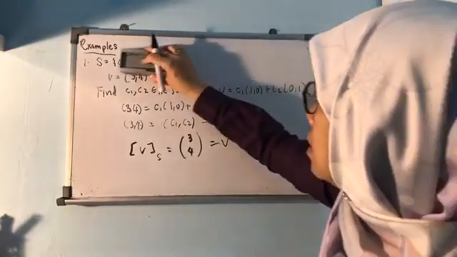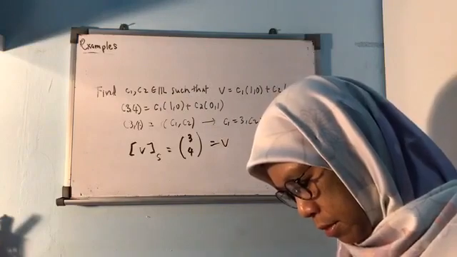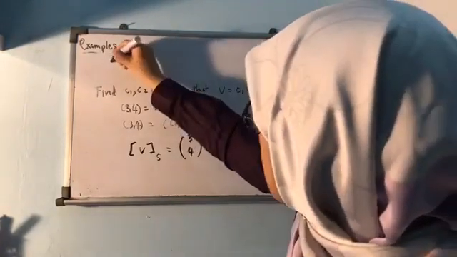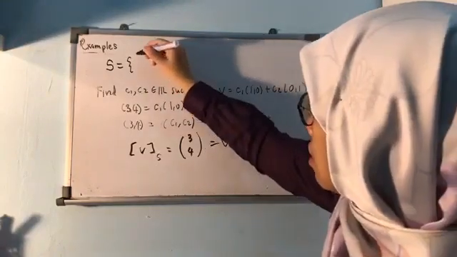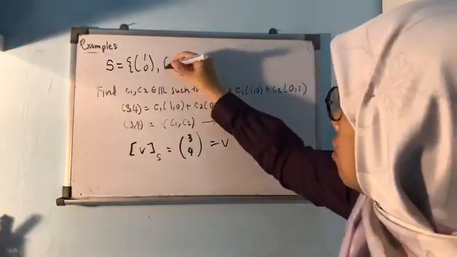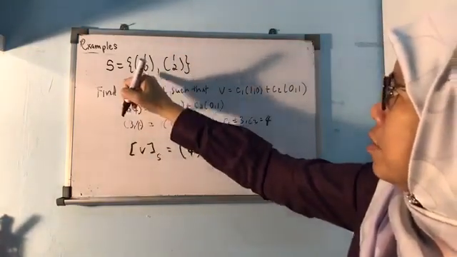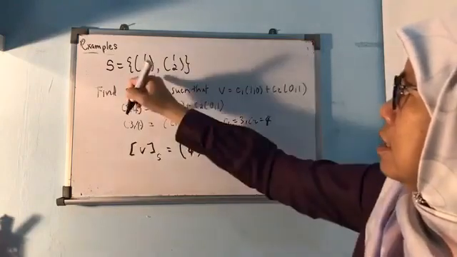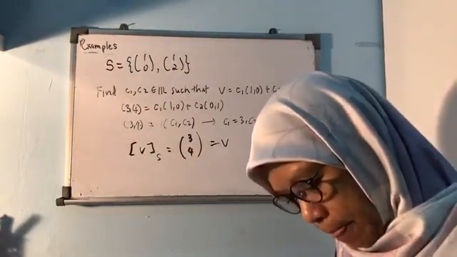Okay. The second example. Let's change S to be (1,0) and (1,2). As I said earlier, you can write horizontally. This is just to match with the answer as v.